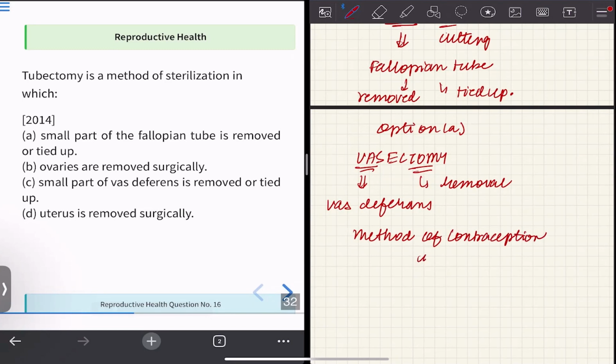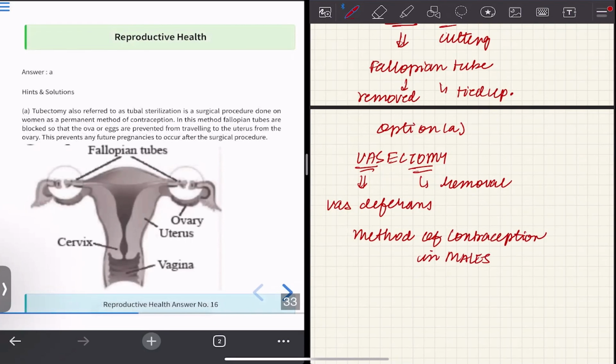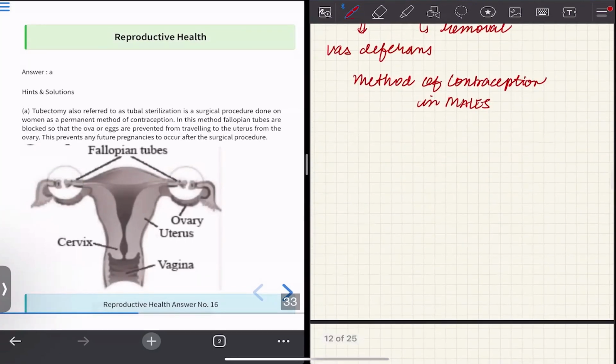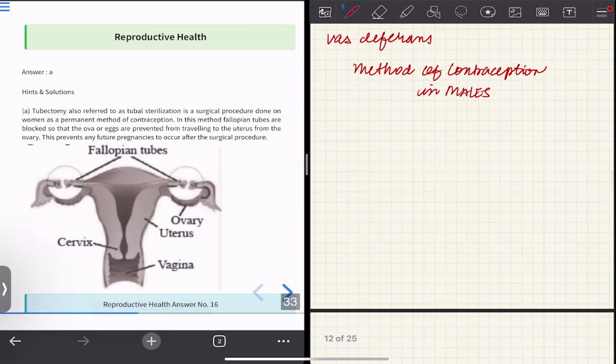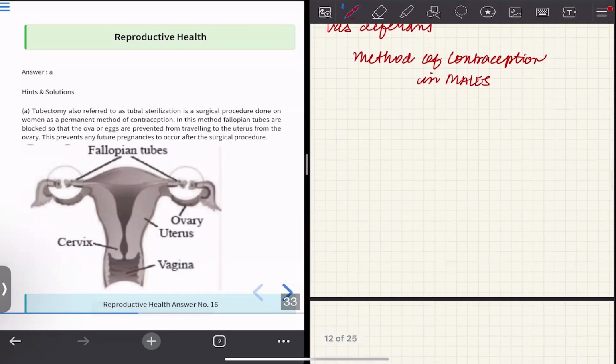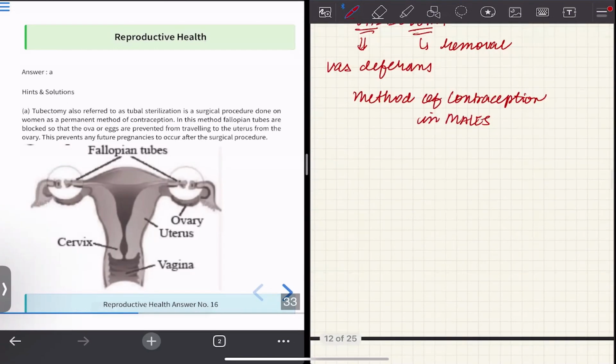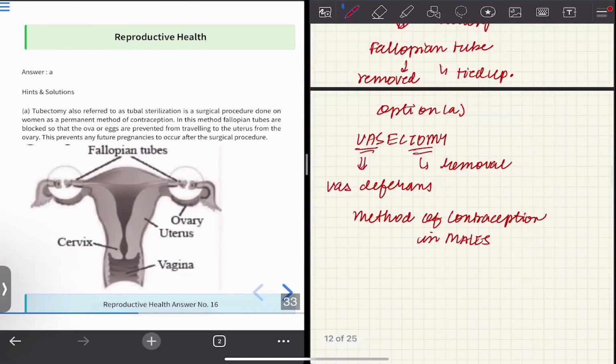Moving on to the next one. Tubectomy, they have shown the figure, is also known as tubal sterilization. It is a process done on women, an irreversible or permanent method.